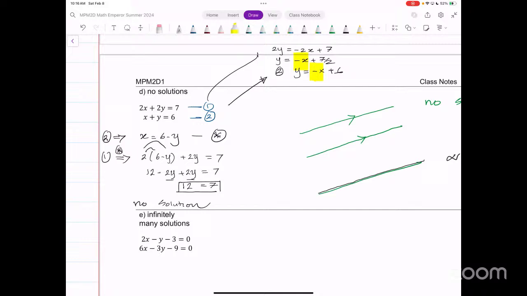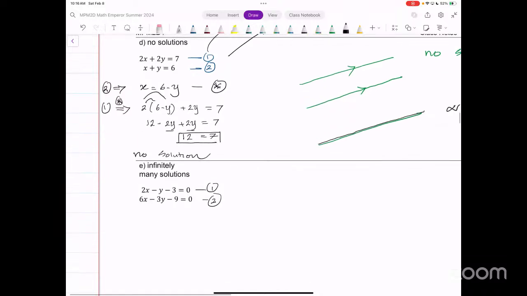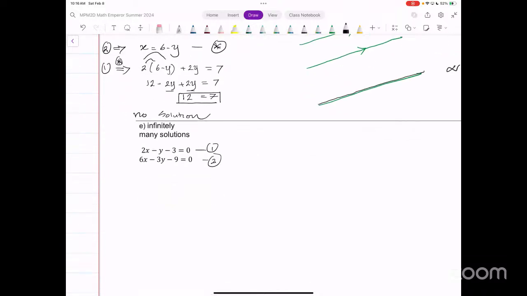So the next question is label 1, label 2. So Nishal, from which equation should I isolate a variable? Equation number 1 or 2? Question number 2. Why? Because of the coefficients. So what did I tell you about the coefficients to isolate? Dakshi, what did I tell you about the coefficients to isolate?